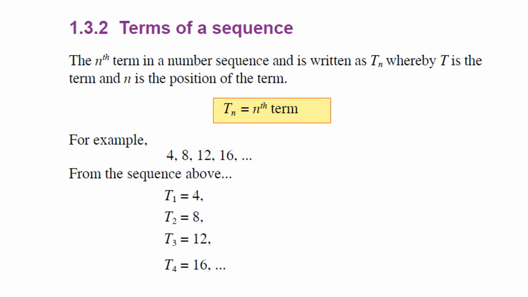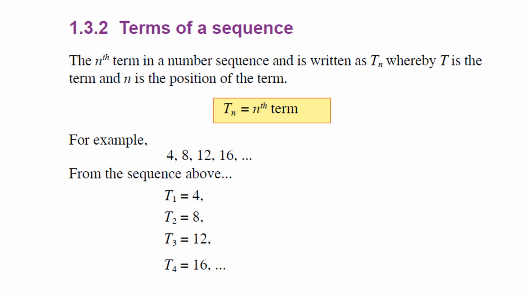1.3.2 Terms of a sequence. The nth term in a number sequence is written as Tn, whereby T is the term and n is the position of the term. Tn equal nth term.